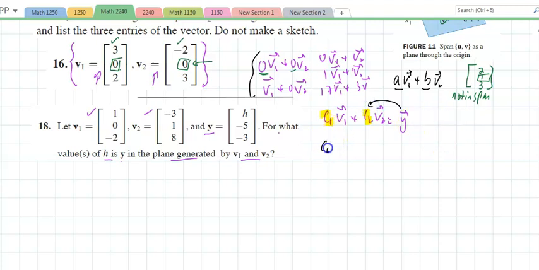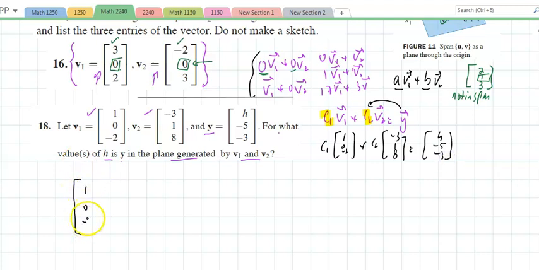What this means, take C1 times (1, 0, negative 2) plus C sub 2 times (negative 3, 1, 8), and see if you can get (h, negative 5, negative 3). This means I could have written the augmented matrix. The reason I'm writing this, students had a heck of a time with this last time.